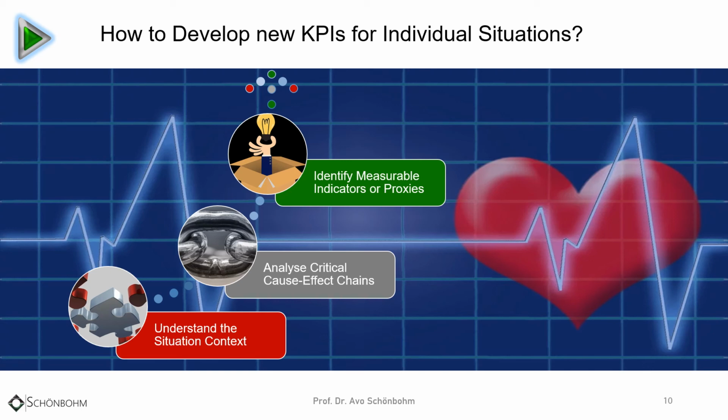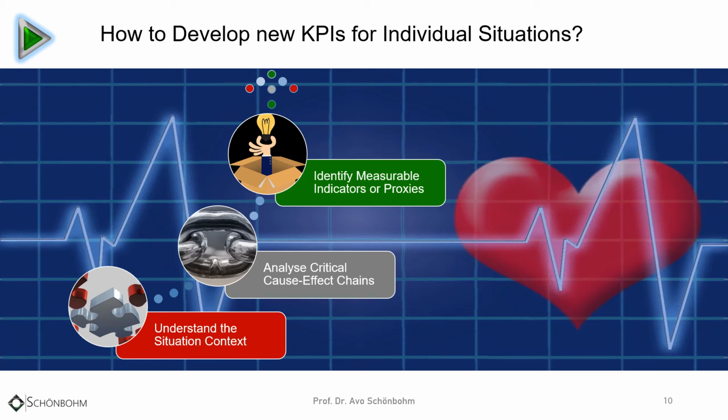Maybe this process is also an ongoing process, and you find out that actually the real things are not as obvious as you thought. Understand the situation context. So this is an ongoing loop.